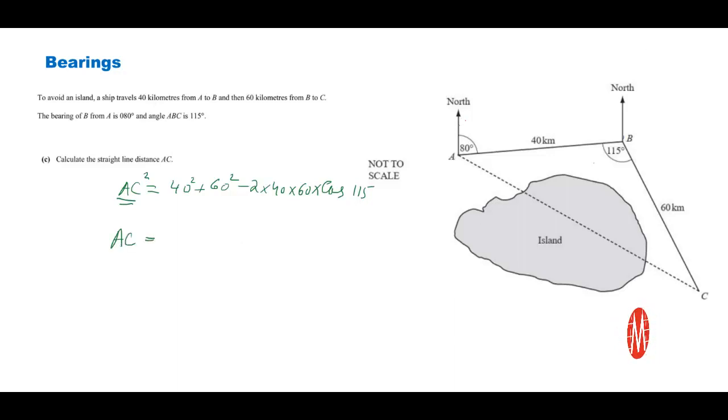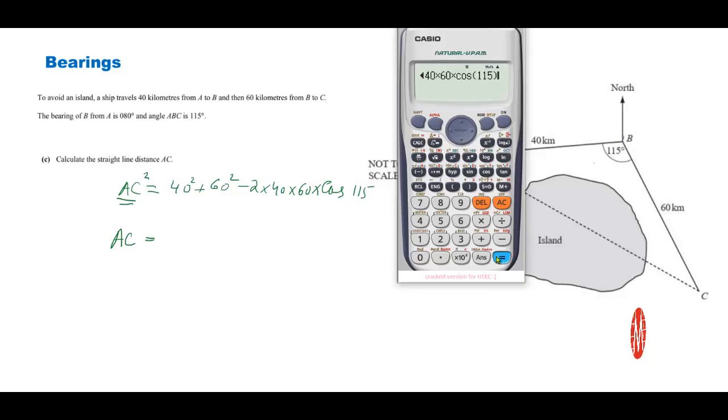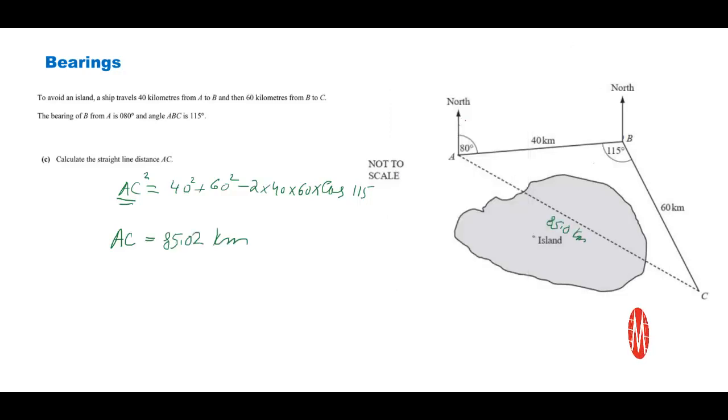Let me use the calculator. It is this much, and let me take the square root of this. So it is 85.02. Rounding to three significant figures, the answer is 85. So this distance AC is 85 km long.